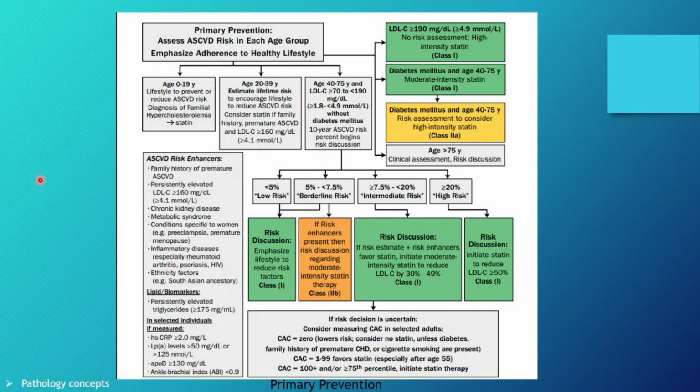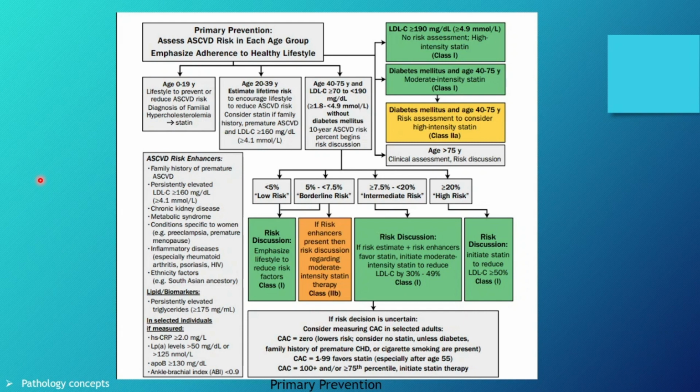Let's understand the primary prevention of hyperlipidemia. In all age groups, lifestyle therapy is the primary intervention for the metabolic syndrome. In this primary prevention, we have to assess the ASCVD risk. So what is ASCVD?